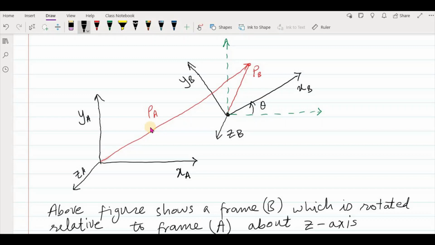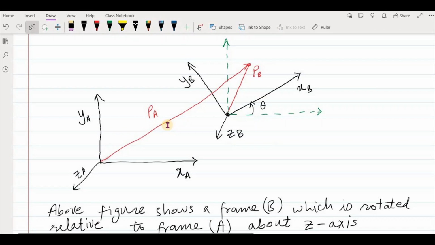In other words, if you curl your fingers pointing toward the direction of rotation, then your thumb will be the axis of rotation.